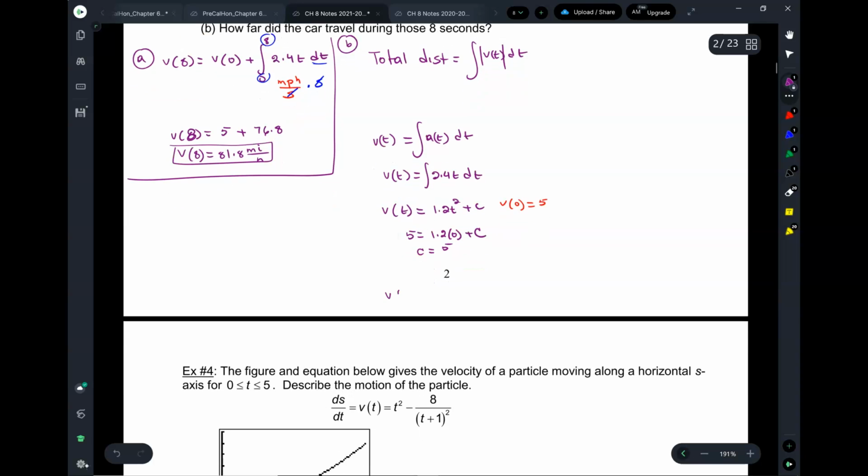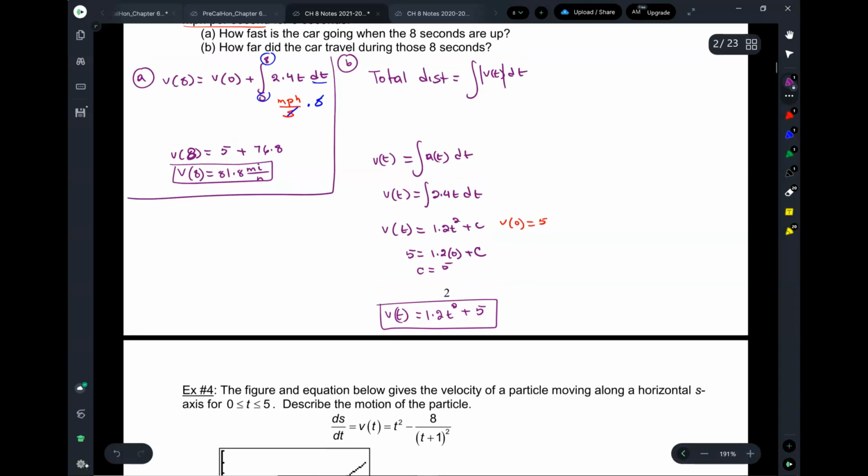That means, what's v of t? 1.2 t squared plus 5. So I didn't have a v of t, but I made one for myself.